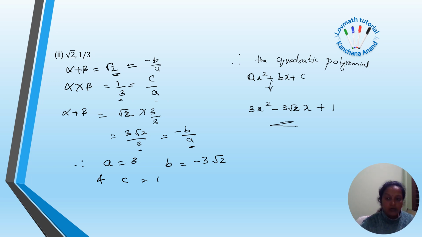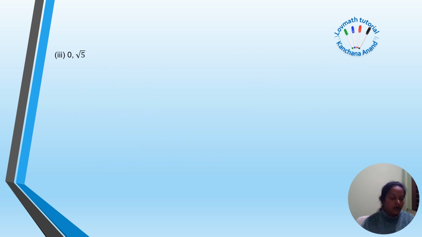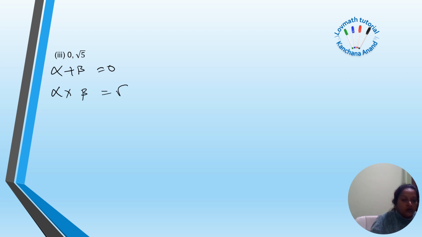Now let us jump to the next problem. Here alpha plus beta is 0 and alpha into beta is equal to root 5.